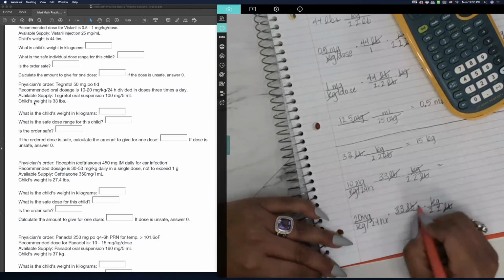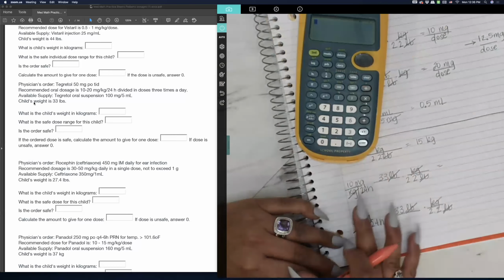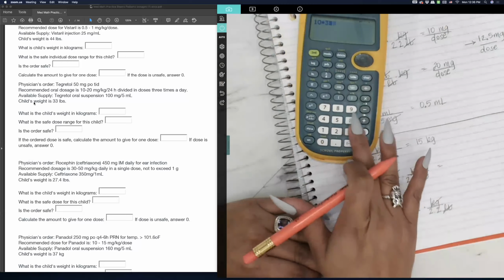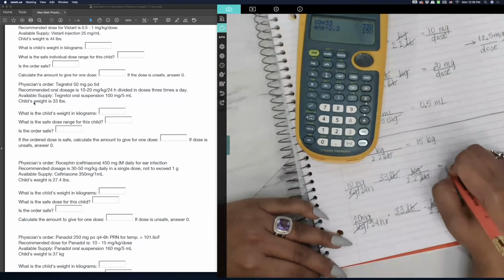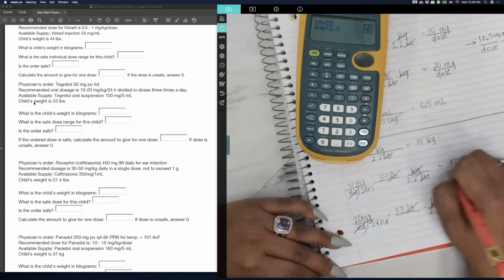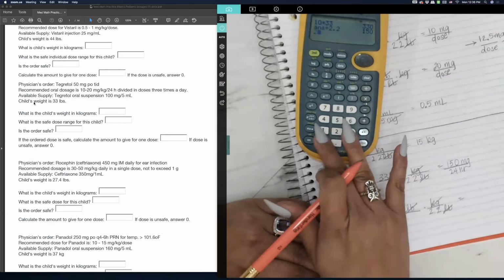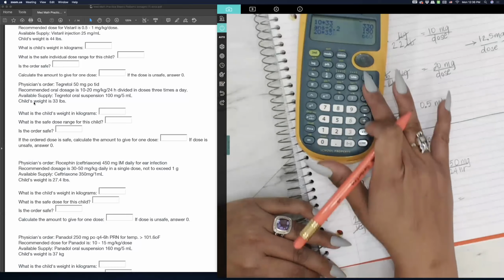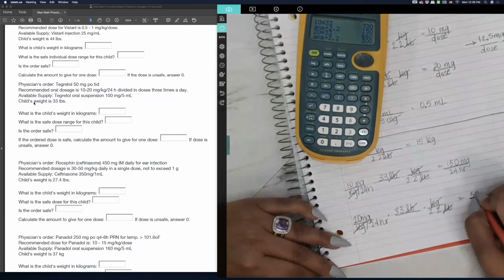Pounds is going to cancel, kilograms is going to cancel. Okay, so 10 times 33 divided by 2.2 gives us 150 milligrams in a 24-hour period. And 20 times 33 divided by 2.2 is 300 milligrams in a 24-hour period.